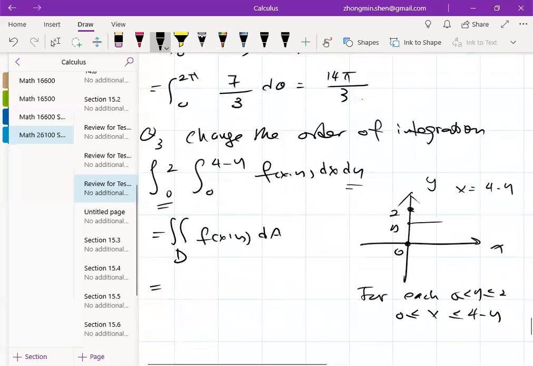This is the line y equals 4 minus x. This is a line, right? So I believe this is the domain D.